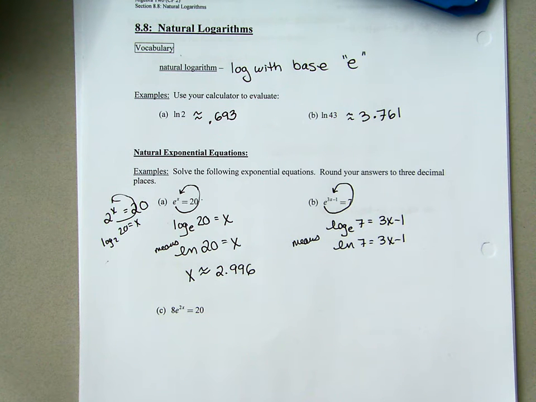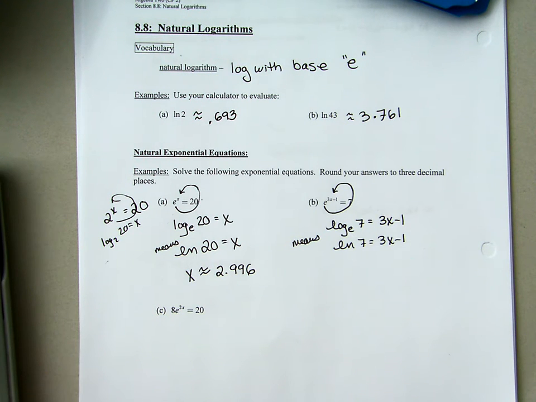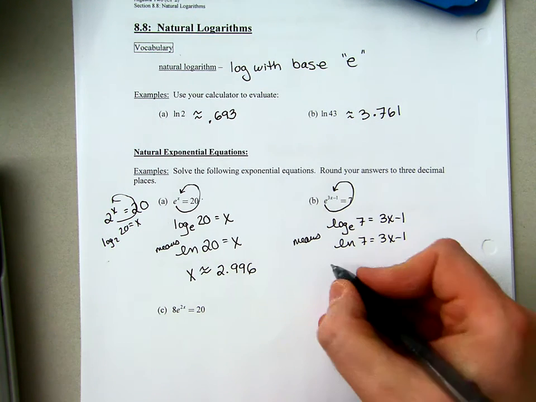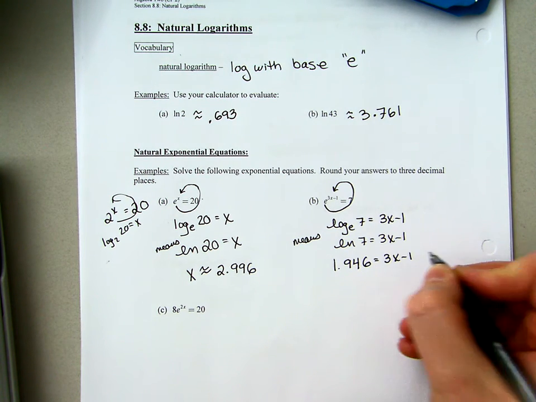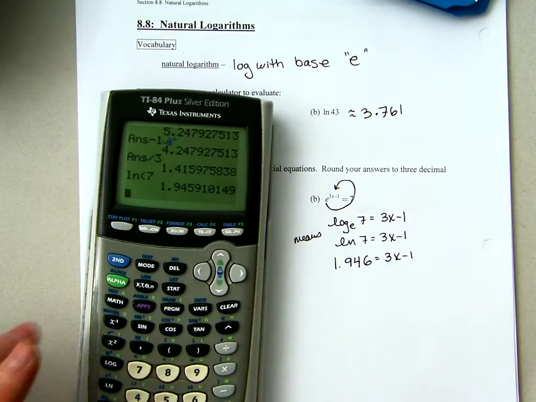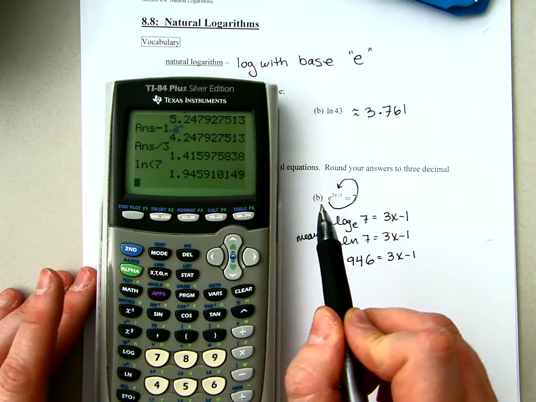So let's see what we can do in letter B. So I'm getting 1.946 for the natural log. I'm writing that, but I'm really using the much longer thing that's still on the calculator, remember.